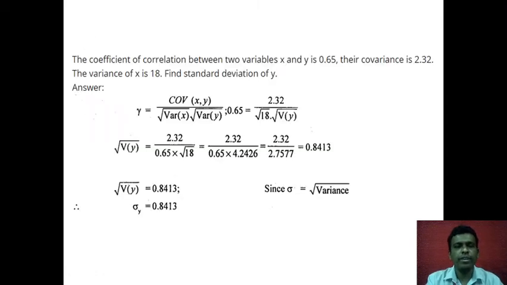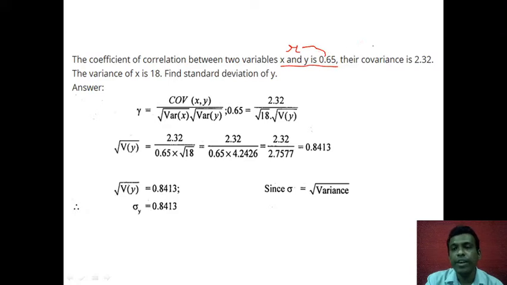So there is one more problem similar to the one which we have solved in our previous video lecture. The problem goes like this. The coefficient of correlation between two variables x and y is 0.65. So they have given the r value, that is 0.65.